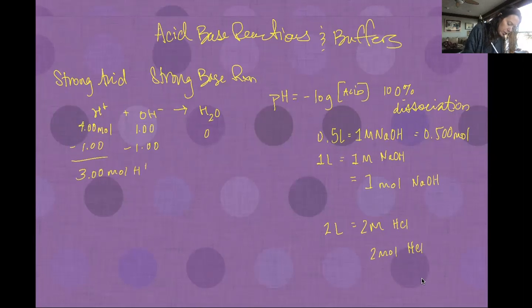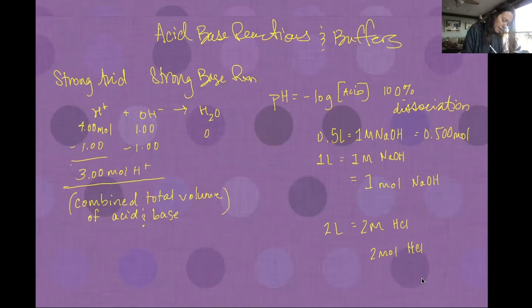right? We would need to divide that by the combined total volume of acid and base, because we've added them together. And when we divide that, that would give us our concentration of hydrogen.